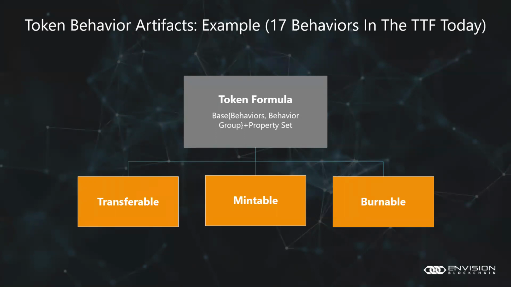So for example, we all know that we can't mint US dollars, but there's a section of the government that can. We all know that we can't burn dollars, that's not illegal. And I don't believe that there's a section of the government that can, but that's another discussion. Regardless, between these 3 behavior artifacts, we can see how we can begin defining this token formula.